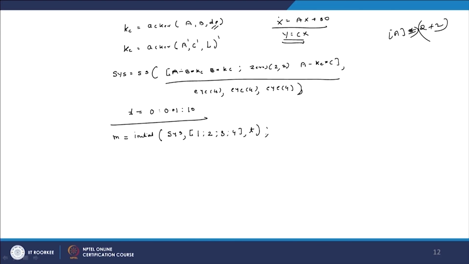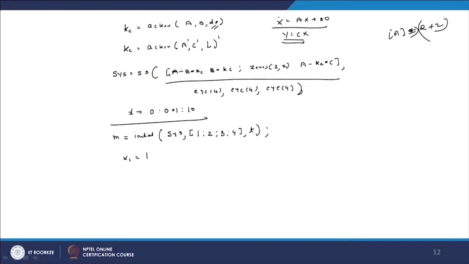But now our purpose is to get the response of an individual state as well as individual error. Therefore, we write x1 is equal to 1 0 0 0 into m transpose m dash. So, that gives you the response of state x1.